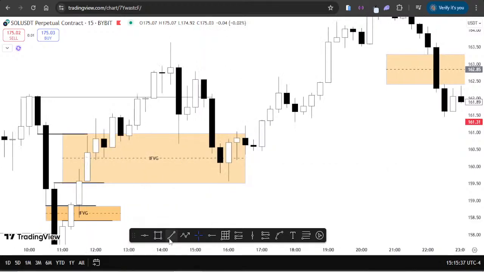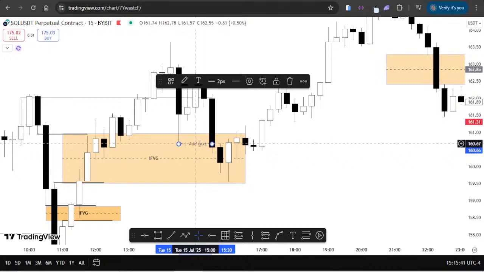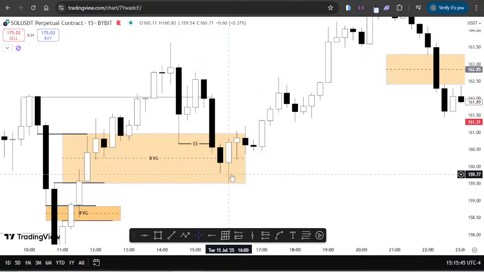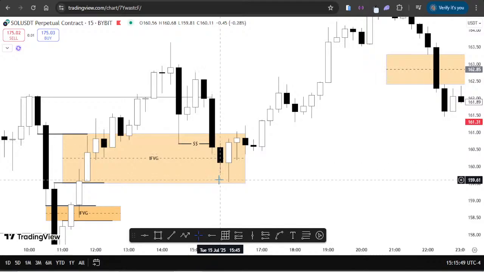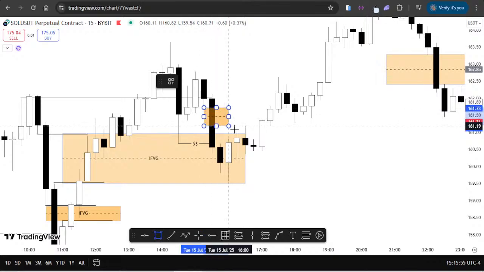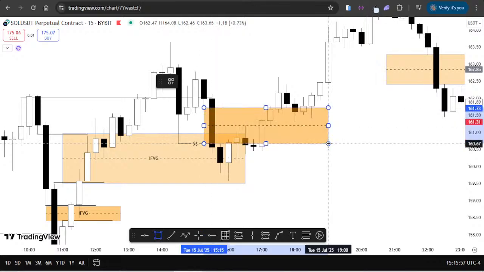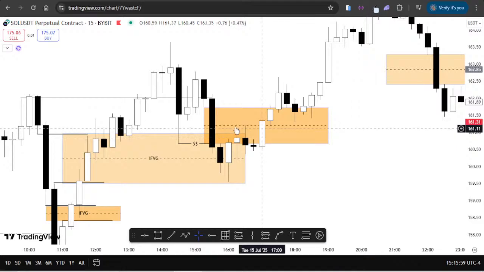And if you take your eyes here, you will see an engineered liquidity, which is like an internal low that was swept. So we now have a fair value gap that was formed when price took out this low.